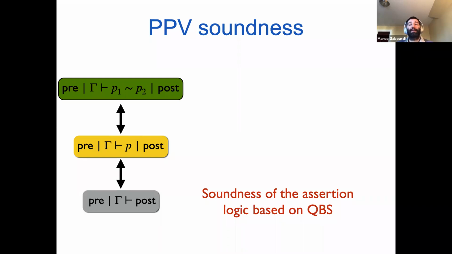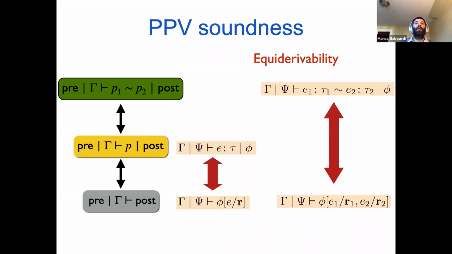We validate the different axioms in QBS, and we can then use these for the rest of the reasoning. But we also prove soundness by showing equiderivability between the unary system and the underlying logic, and between the relational system and the underlying logic.